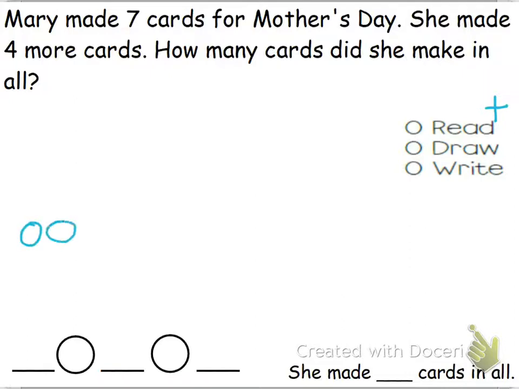So 1, 2, 3, 4, 5, 6, 7. Now remember, it's a tape diagram. We know a diagram means that it's a picture with labels. So we have to label it. We're going to label it with a number and a letter. So this is going to be some of the cards that she made for Mother's Day. Someone put an M for made. You might have done something different, which is completely fine.